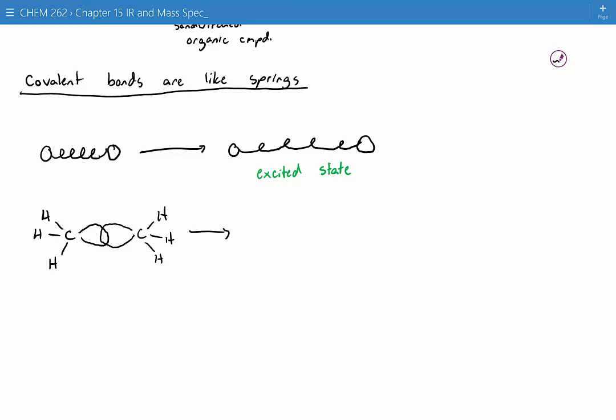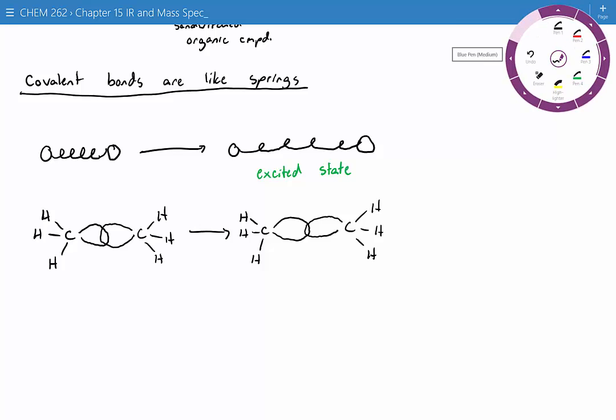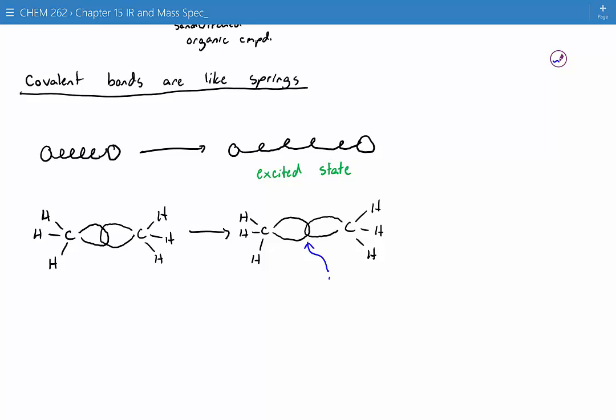And again, we can take this energy and we can say, well, what happens if we take these two carbons and we stretch them apart from one another by exciting it with light? And really, it doesn't look too exciting from the molecular orbital level, or overlap level, but essentially what happens is you can perturb that orbital so that it becomes more stretched out, just like the spring. And when this happens, you have a non-optimal overlap.